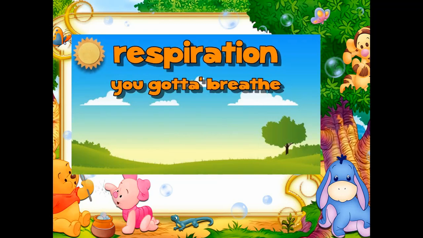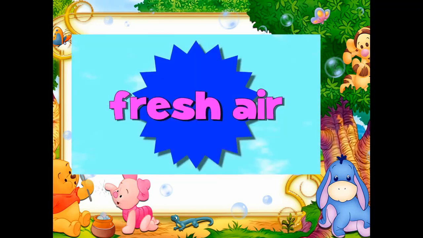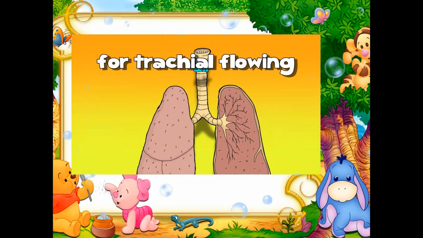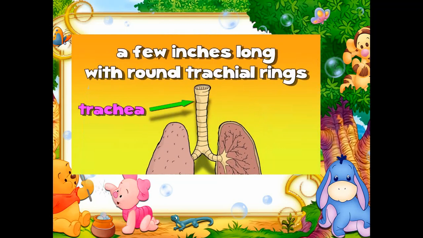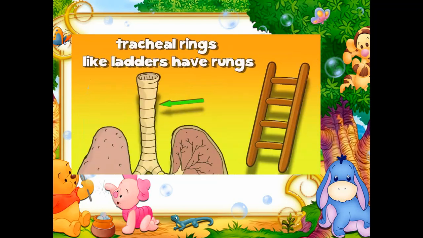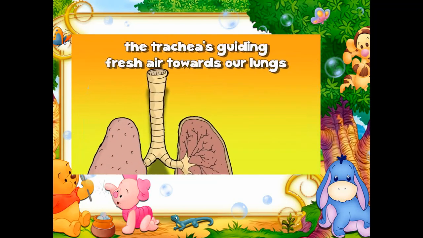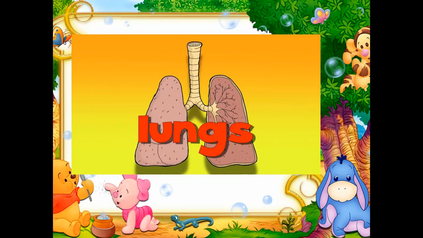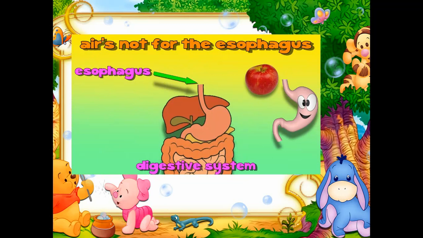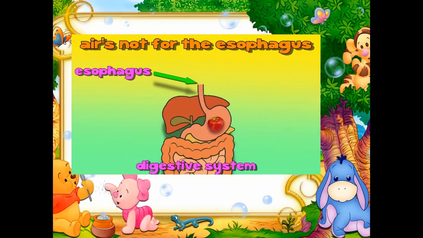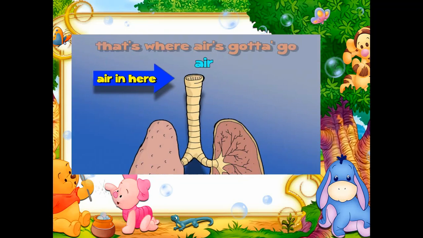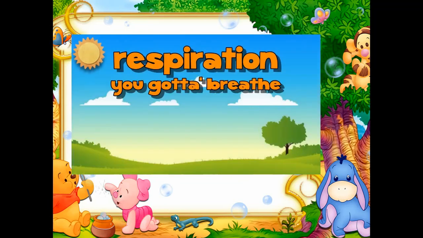Respiration, you gotta breathe. Take a deep breath, you gotta breathe. Fresh air, you need some fresh air. Down your lungs, but where is air going? It's into your windpipes for tracheal fluid. Few inches long with round tracheal rings, moving air in and out when you talk or you sing. Yeah, tracheal rings, like ladders have rungs. The trachea is guiding fresh air towards our lungs. Tracheal lungs. Now let's stay on top of this. Air's not for the esophagus. Now let's stay on top of this. Air's not for the esophagus. The trachea knows that's where air's gotta go. Respiration, you gotta breathe.